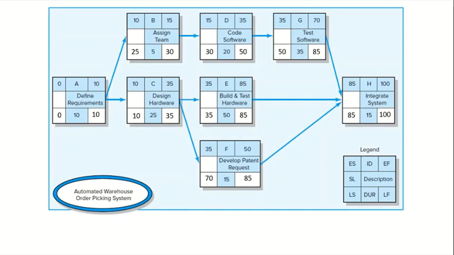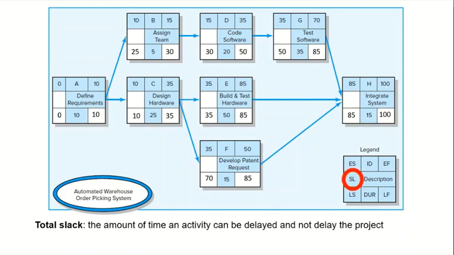When the forward and backward passes have been computed, it is possible to determine which activities can be delayed by computing slack or float time. What is slack time? Total slack tells us the amount of time an activity can be delayed without delaying the project. Total slack or float for an activity is simply the difference between the LS and ES, or between the LF and EF.